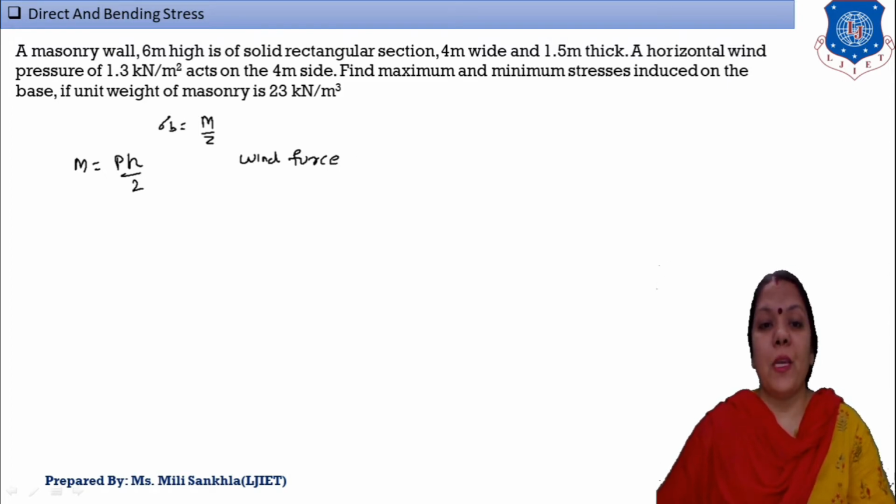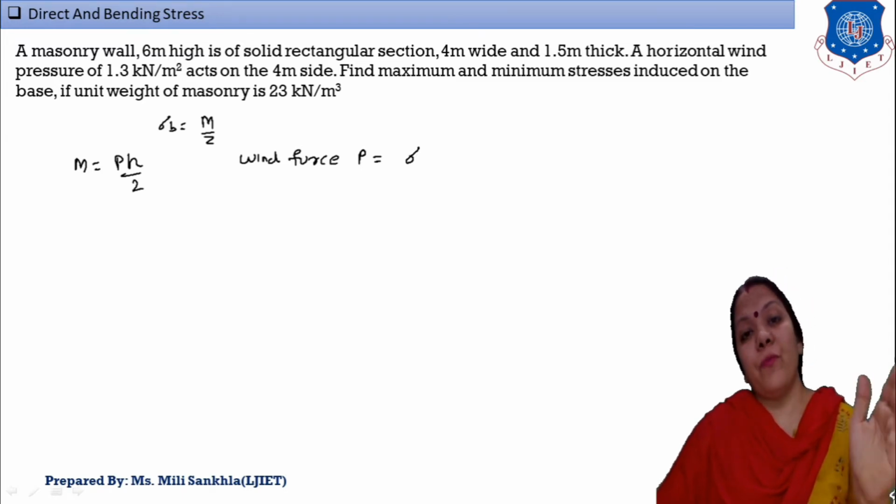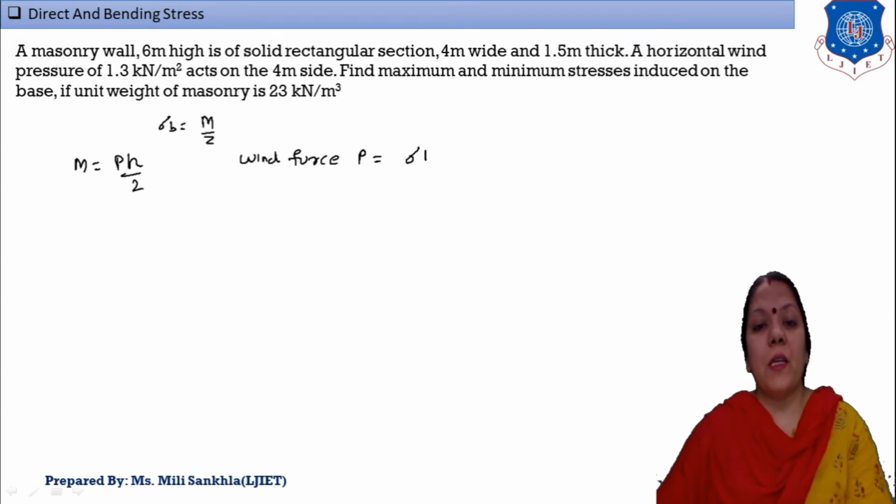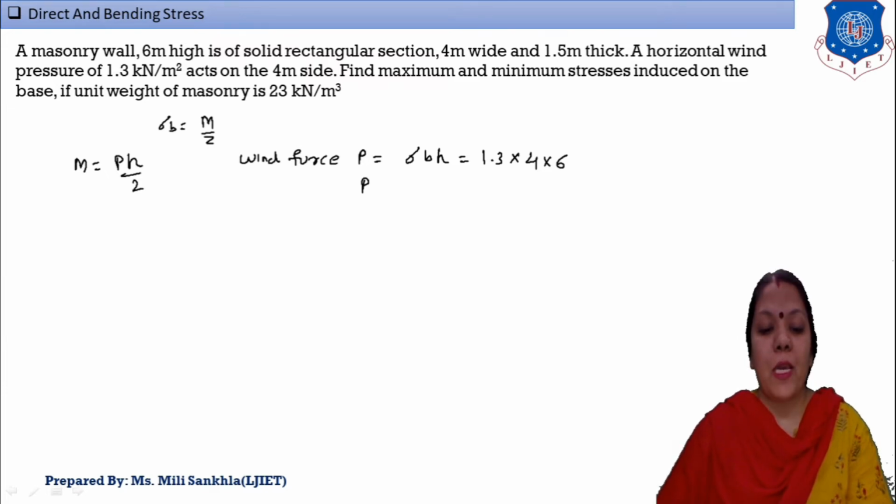Wind force P is equal to sigma into the width B into H. Sigma is given 1.3, B is 4, and height is 6, so my wind force P is equal to 31.2 kilonewton.